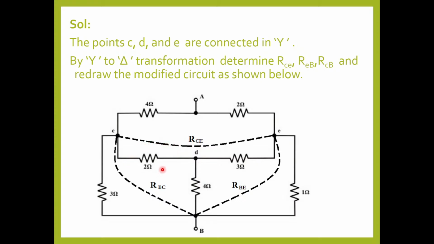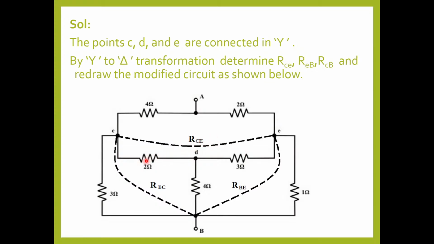In front of RCE, 2 ohms and 3 ohms are there. In front of RBC, 2 ohms and 4 ohms are there. In front of RBE, 3 ohms and 4 ohms are there.